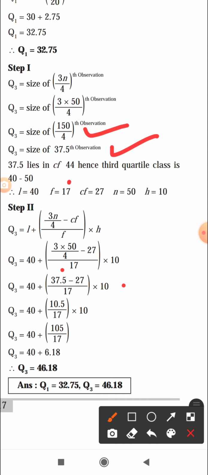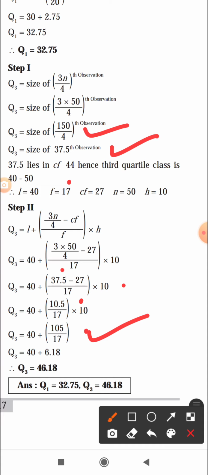So Q3 is equal to 40 plus 37.5 minus 27, that is 10.5, so 10.5 upon 17 into 10. In this next step, 10.5 into 10 is 105 upon 17.